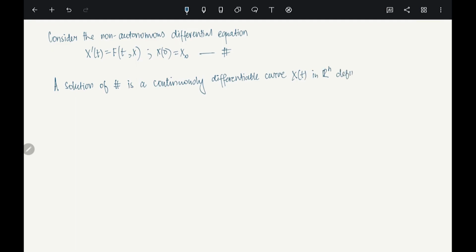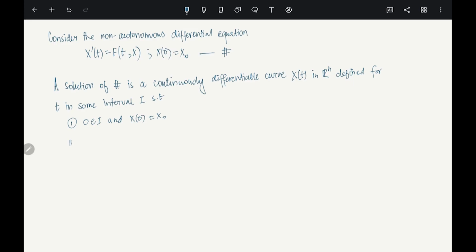Defined for t in some interval, let's say I, such that number 1, 0 is in I and x of 0 has to be x naught. Of course that should be true, right? So the solution which you are going to get should be defined in a neighborhood of 0.